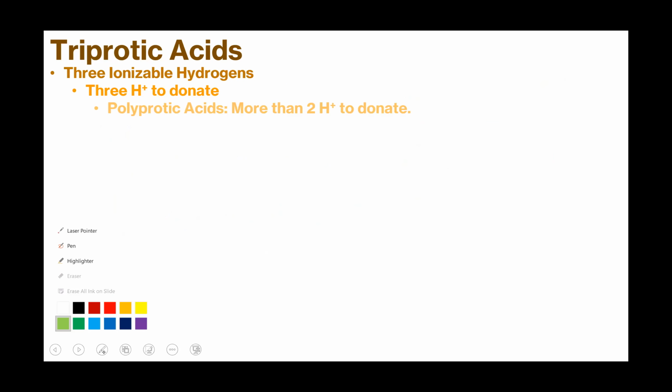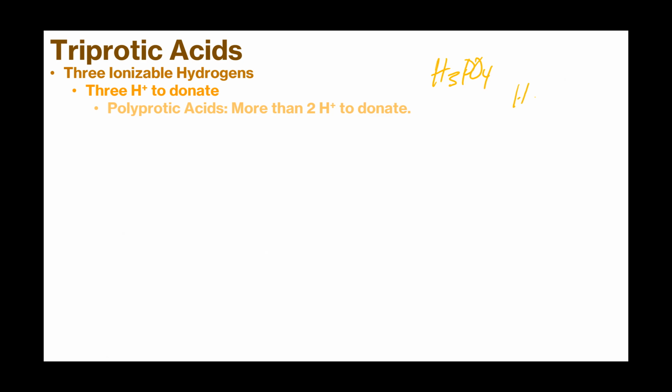Anything else that has more than two ionizable hydrogens we'll refer to as a polyprotic acid. We'll look specifically at some triprotic acids, but there's not a lot more that have more than one. These are things like phosphoric acid, arsenic acid, and so on.